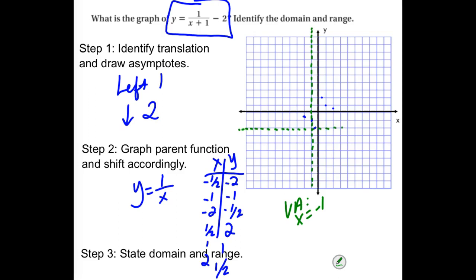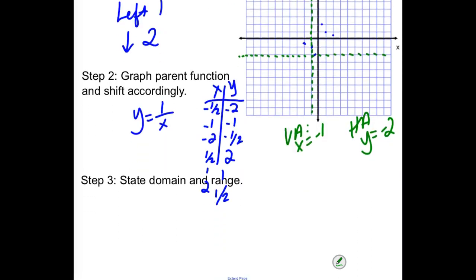So now we have the equation y equals -2. So even without shifting our points yet, we already know our domain and range because we have to restrict the values where we had the asymptotes. So domain would be that x cannot equal -1, and range would be y cannot equal -2.